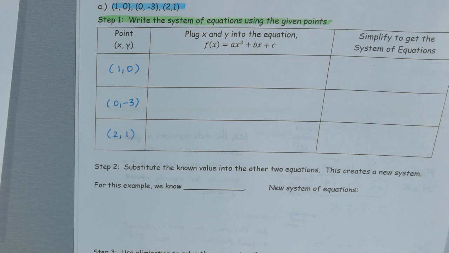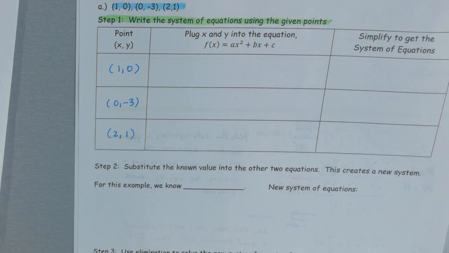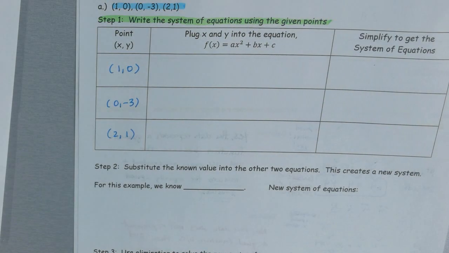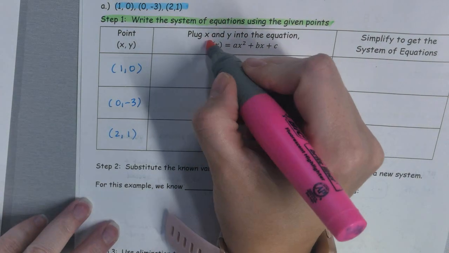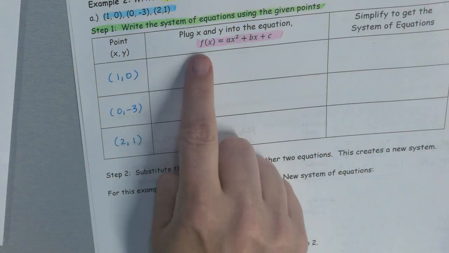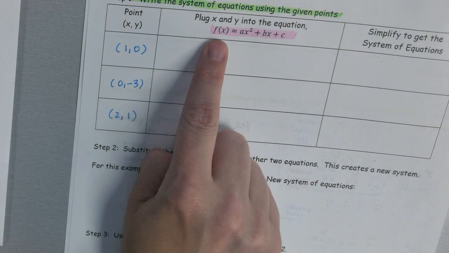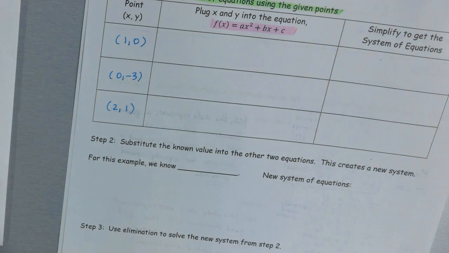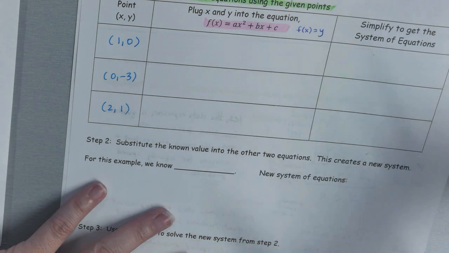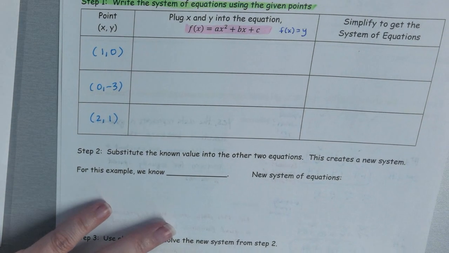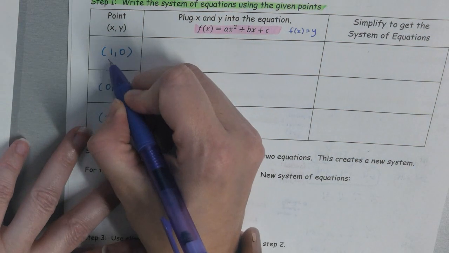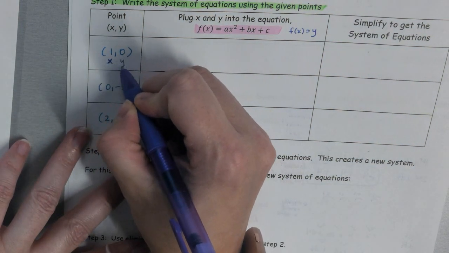And then what we're going to do is we're going to plug x and y into this equation here. So plug x and y into our standard form of the equation. Really, in this case, your f of x is the same thing as what? Yeah, your f of x is y. Those are interchangeable. They are both the outputs. Okay, so every point is x, y.